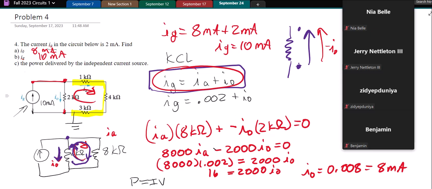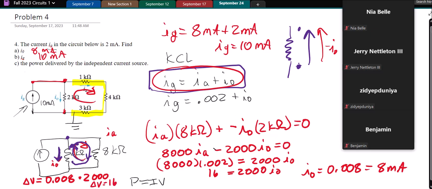So I want to see what the voltage change is across this 2 kilo ohm resistor. So delta V across the 2 kilo ohm resistor will be the current, which we said I0 was 8 milliamps, or 0.008, times 2 kilo ohms, which is 2,000 ohms. Would that be the same as 8,000 times 0.002? I think so, so that'd be 16.